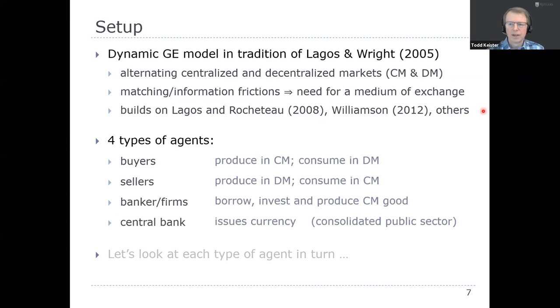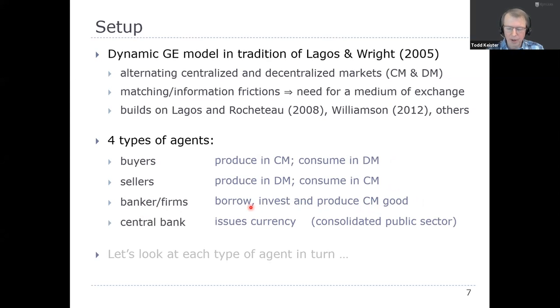Okay, so the setup in terms of agents, we've got 4 types of agents. We've got the usual buyers and sellers. And then we've got bankers and firms lumped together. So we're going to combine the financial and the productive sectors of the economy and just talk about one agent that operates both of those, which we'll call a banker or a banker firm. These bankers are going to borrow and invest in the centralized market in a technology that produces future output.